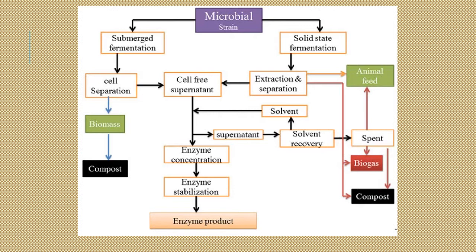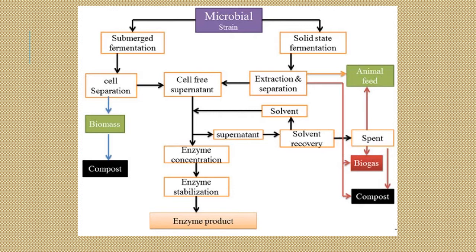When we talk about the solid state fermentation process, after the solid substrate, we will extract by adding some solvents. We will extract only the product from that, and the solids utilized by the microorganism will be sent as animal feed. This solid waste can also be decomposed, and biogas can be produced, which can be utilized for the overall plant.